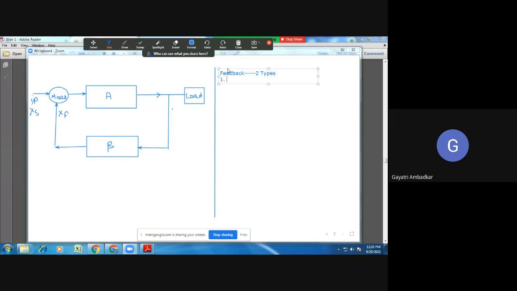One is positive feedback and another is negative feedback. These are the two types of feedback.